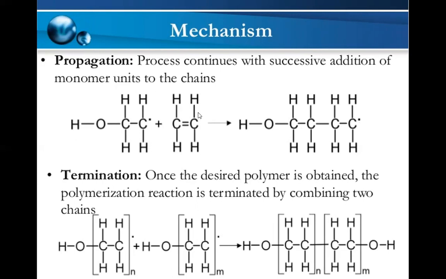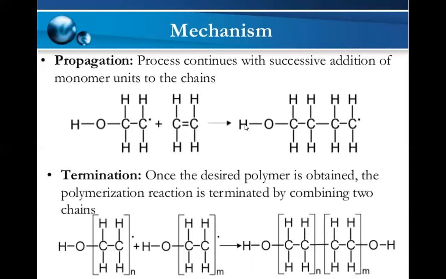The third step is the termination step. Termination means the death step, that is the last step. Once the desired polymer is obtained, the polymerization reaction is to be terminated. The termination is done by a combination of two chains.